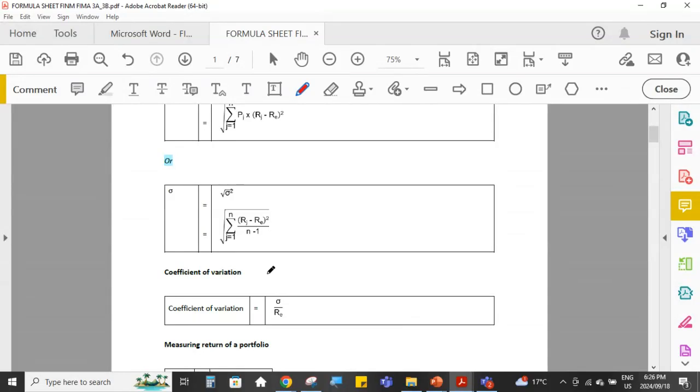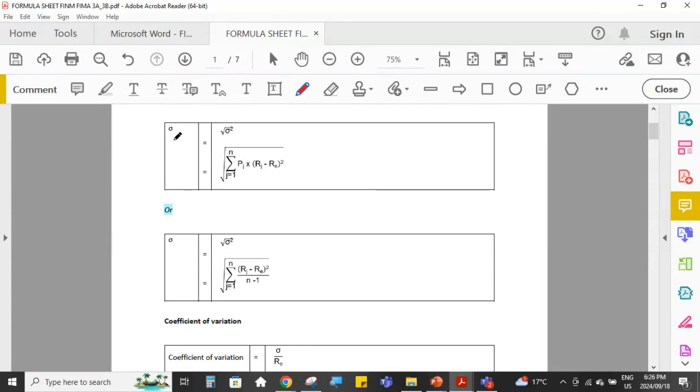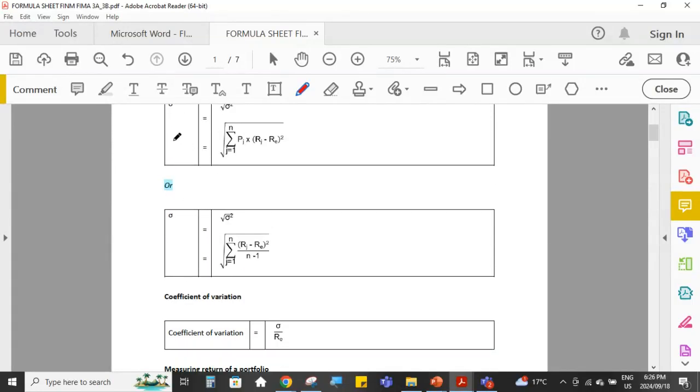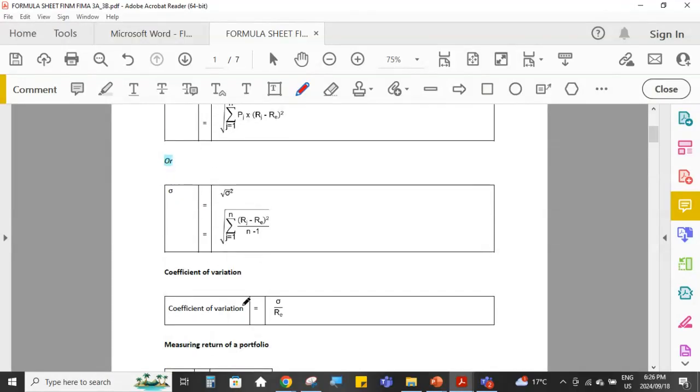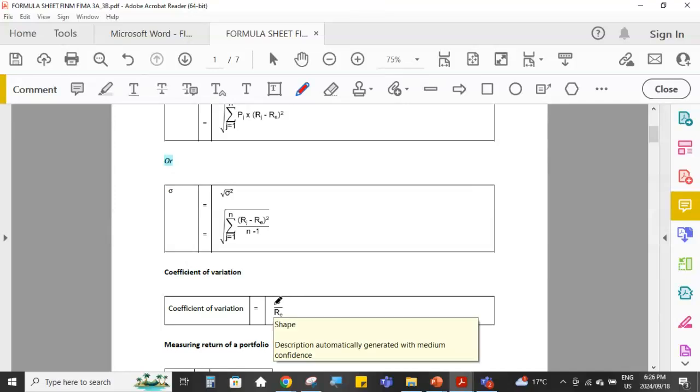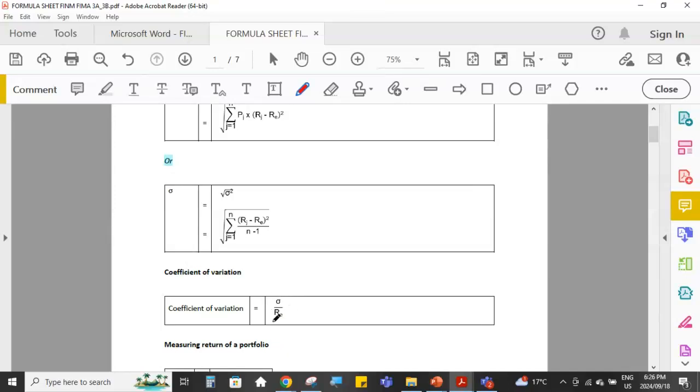So the coefficient of variation is then theta over RE, and this little theta sign at the top is your answer to the standard deviation. So you need to work out the standard deviation first to get this answer, and then coefficient of variation is the standard deviation answer divided by the expected return.